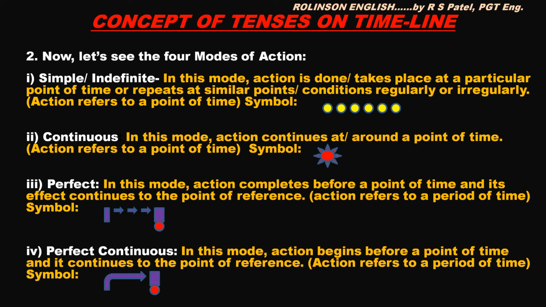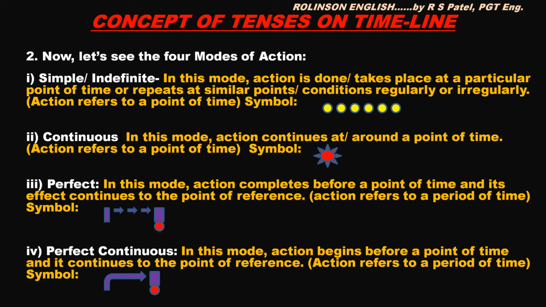In this mode, action is done or takes place at a particular point of time or repeats at similar points, conditions, regularly or irregularly. Okay? So in both of the cases, either it is on a point or it is repeating. It refers only to a point of time.